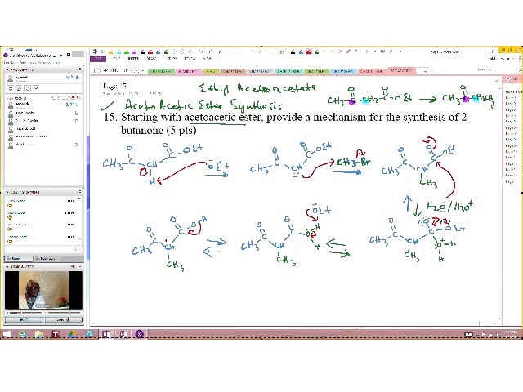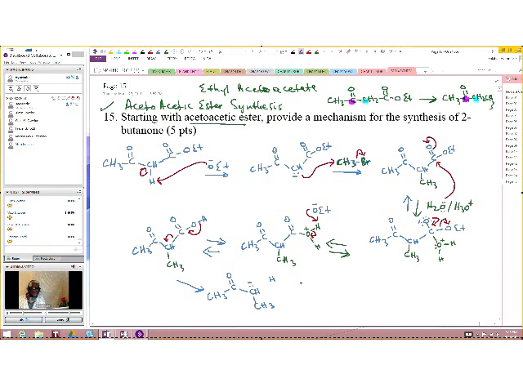So in essence, now we are going to form this. We form the enolate right here, and of course the proton is here somewhere, and then of course carbon dioxide.